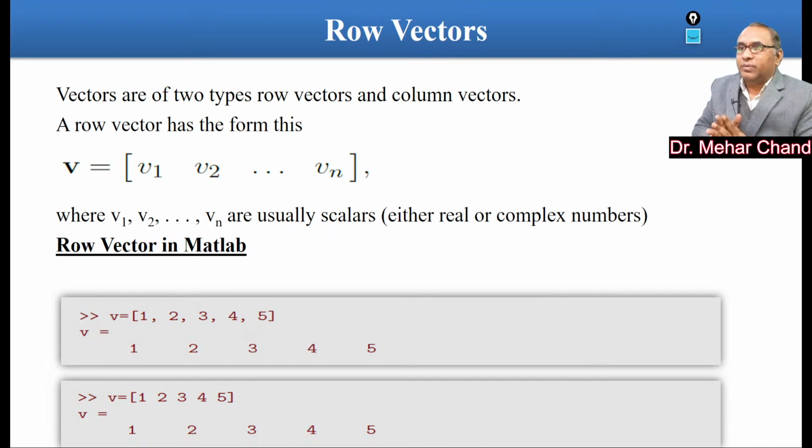So first we are dealing with the row vector. We have, very simply, v equals v1, v2, and so on up to vn. A row vector can be expressed in this form, and v1, v2, v3 are usually scalars, either real or complex.